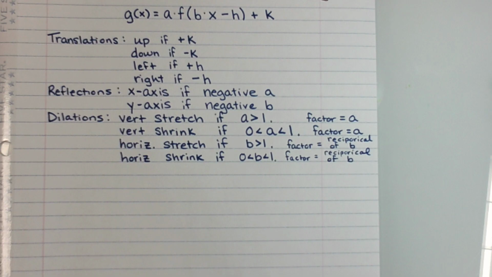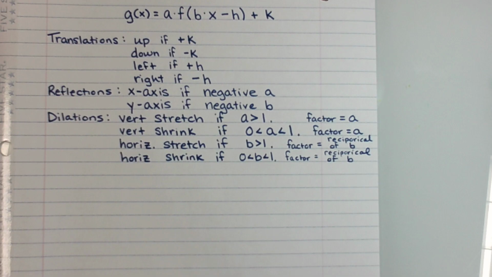If I stretch it vertically, it ends up looking like a skinny one. But if you thought about this horizontally, it doesn't look like someone grabbed it and stretched it out horizontally. A vertical stretch looks like horizontally it got squished. Vertical and horizontal dilations end up working opposite of one another.